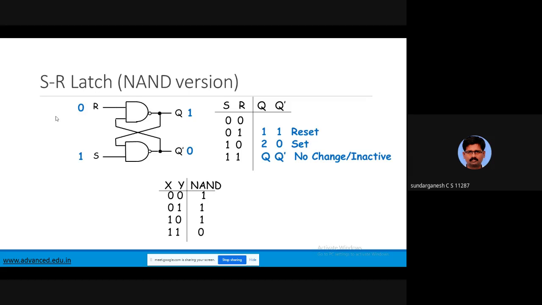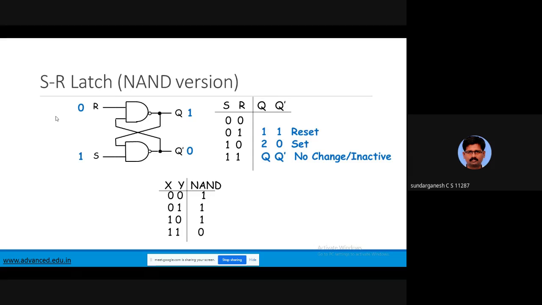In this case, when you give 1, 1, for example, giving 0 and 0 is not possible, so I am giving 1 and 1. Initially it is 1 and 0. What happens is, 1 will come here, 1 and 1, 0. So it becomes 0.